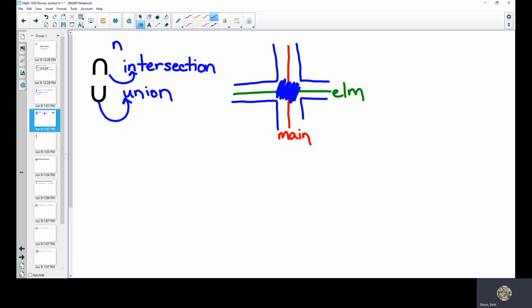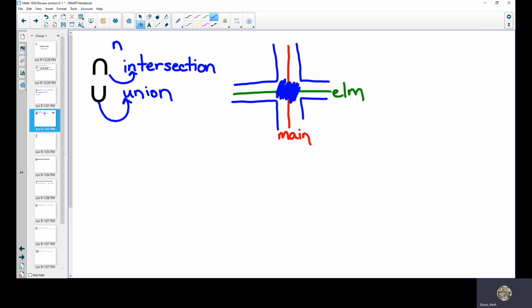If I were standing in this intersection, I would be on Elm Street and on Main Street at the same time. So the intersection are those elements that are in both sets.